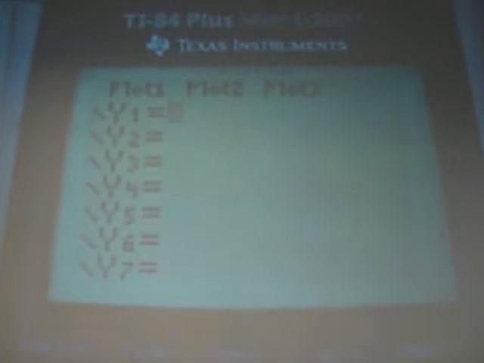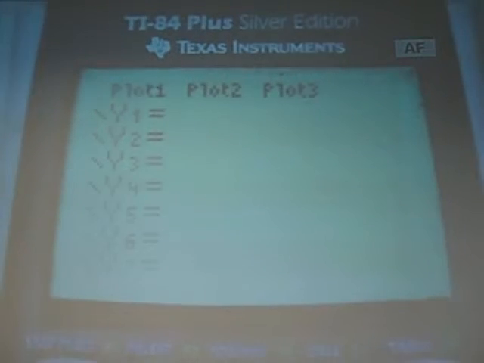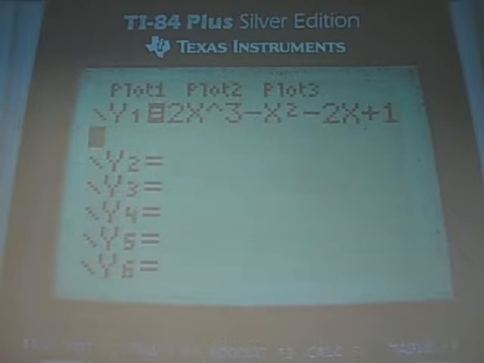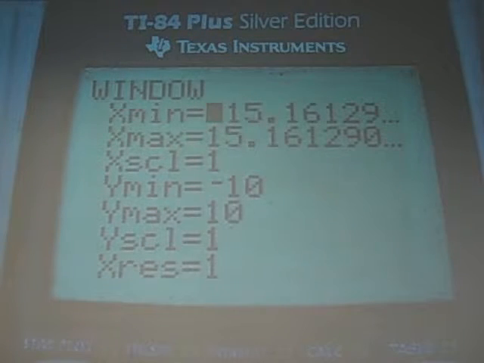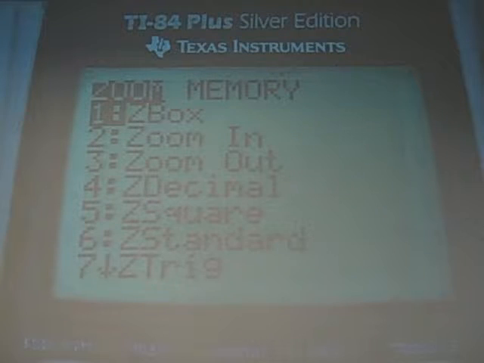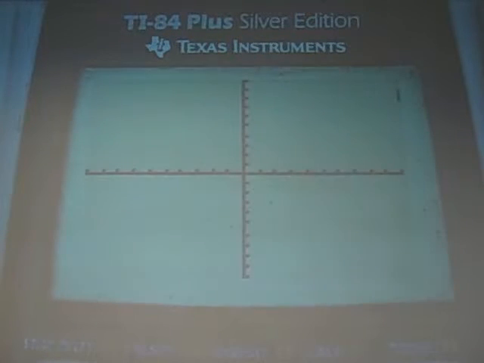So go to y equals, and you put in 2x cubed minus x squared minus 2x plus 1. And for the window, we just go zoom and standard. It's probably going to work. Zoom standard 6.